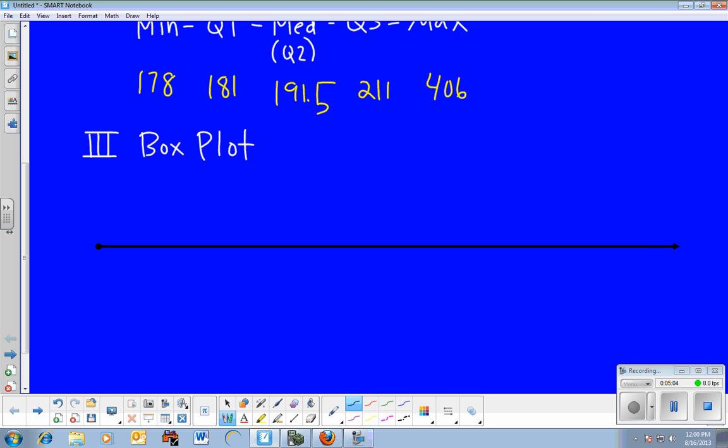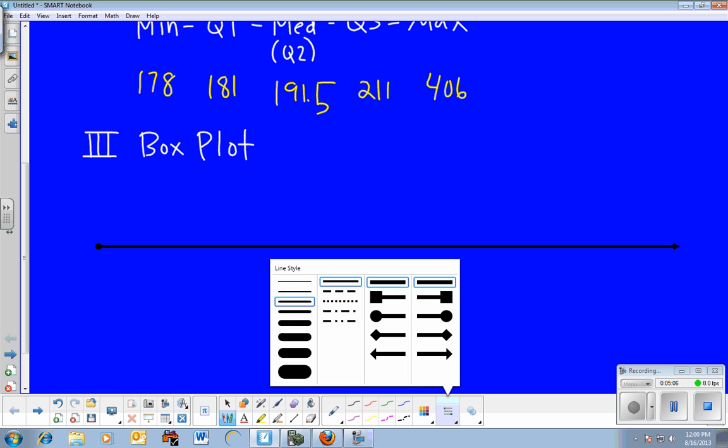You don't have to label it in a lot of detail. Just make sure you get your 5-number summary on there. I need to get from 178 to 181 to all the way up to 406. So I'm going to have quite a bit of distance between my highest quartile and my max number. And we'll see what to do with that in just a minute.